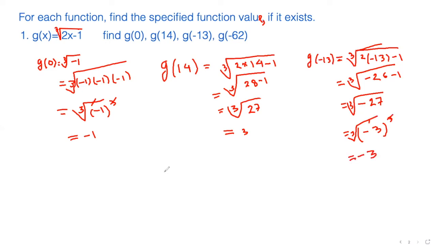Let's do the last one. g of negative 62. So we are again plugging in the value of x into the function. 2 times negative 62 minus 1, so minus 124 minus 1, and again cubic root.